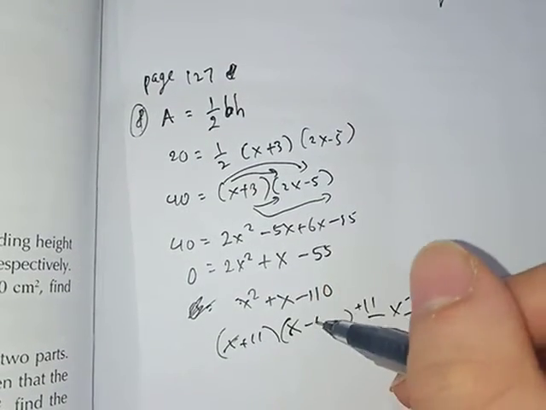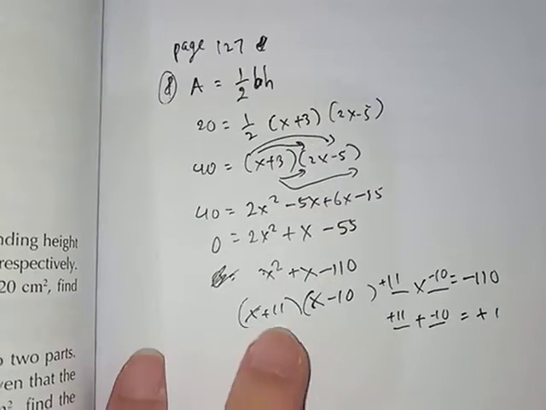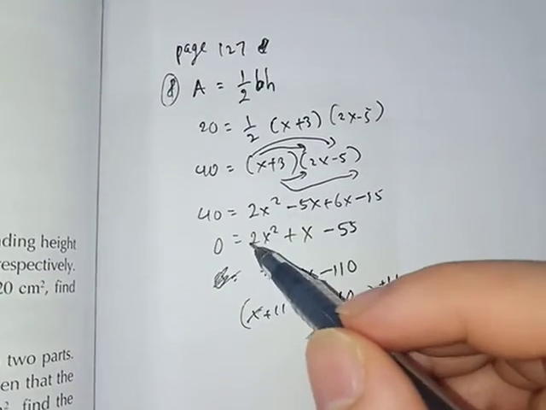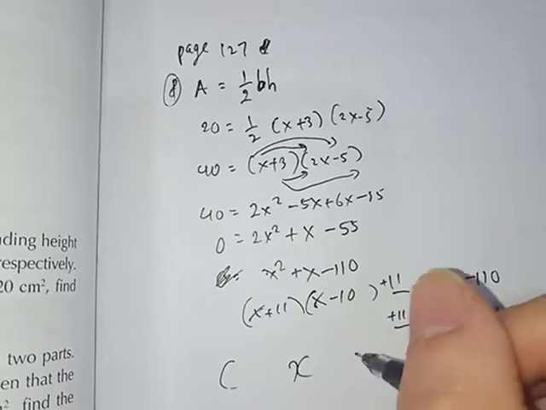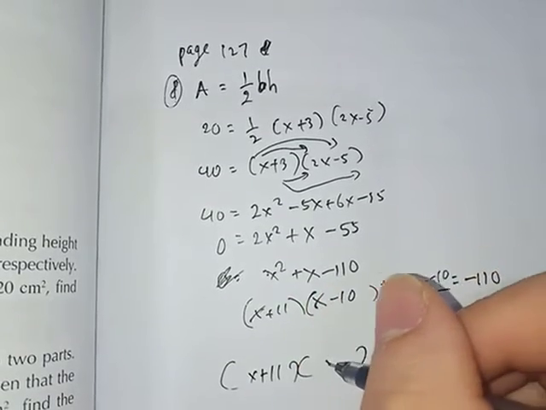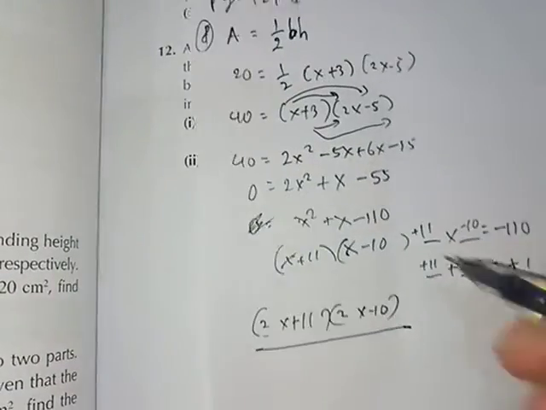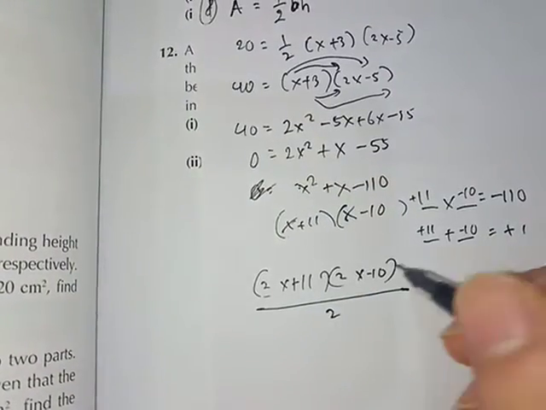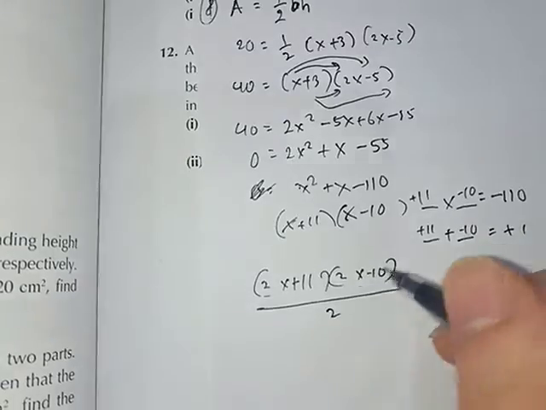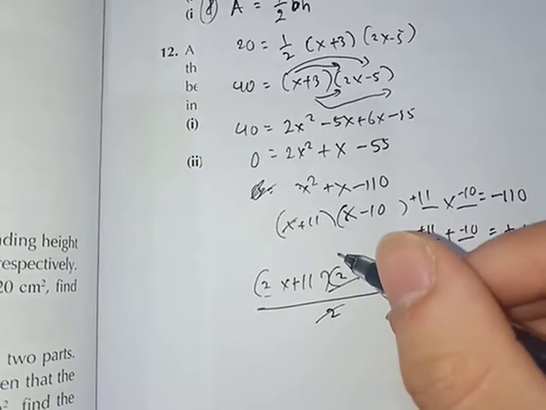Positive 11, negative 10. And remember, we're not finished yet because there's 2 initially here. So put the 2 back like this. Which one can I divide by 2? Of course, this one. Right?